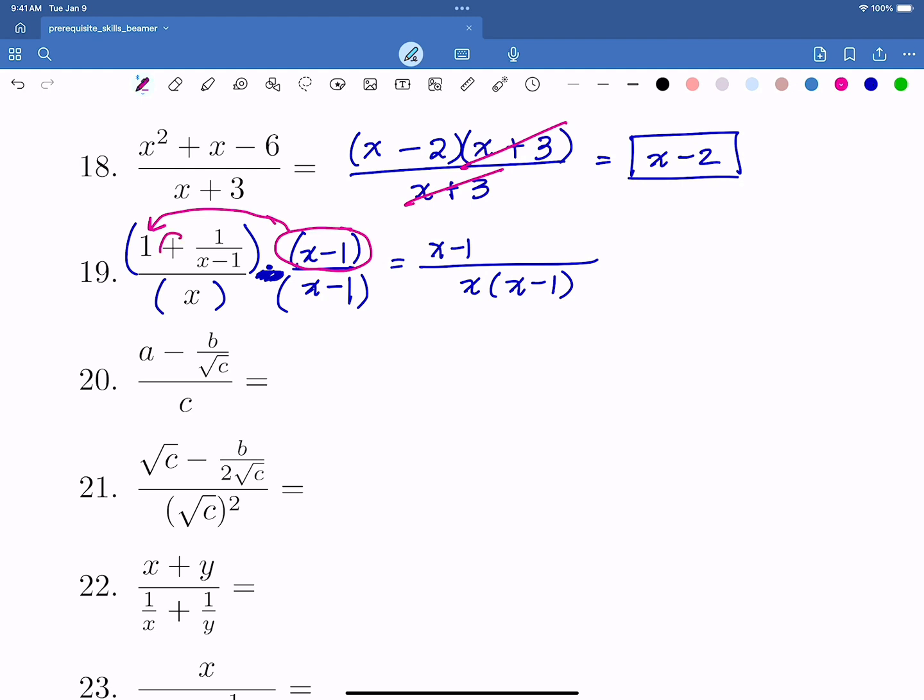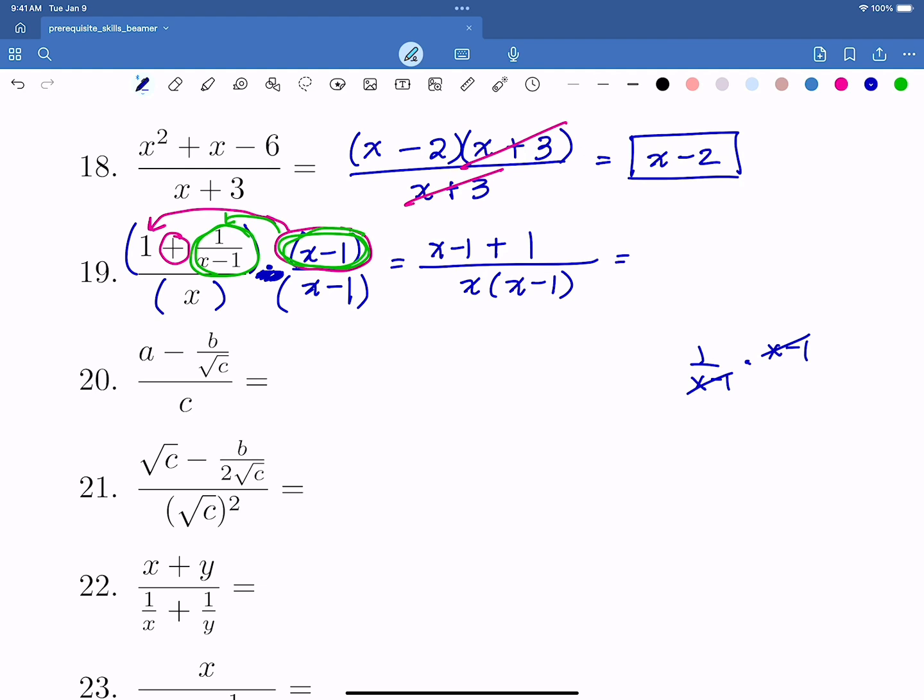Then we're going to use this sign right here, plus. Now we're going to distribute this x minus 1 to this term right here. Multiply them together. 1 over x minus 1 times x minus 1, that's what I'm multiplying together right now. And that's going to cancel out and just give me 1.